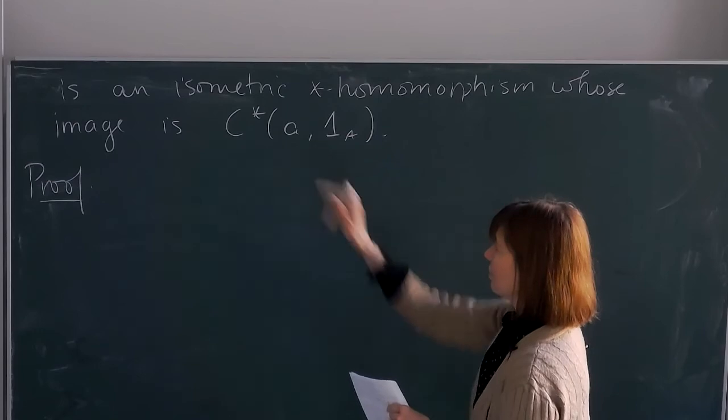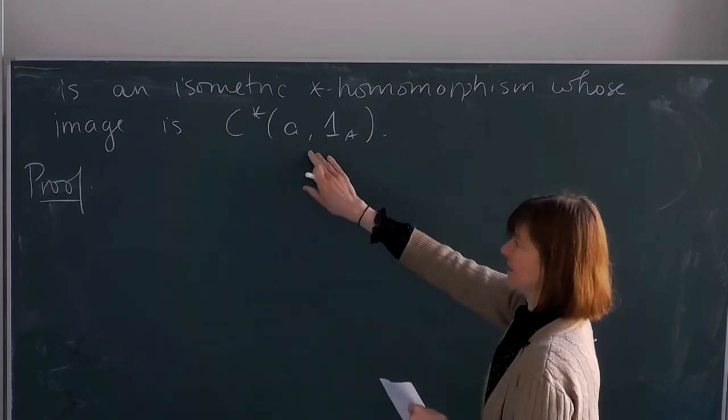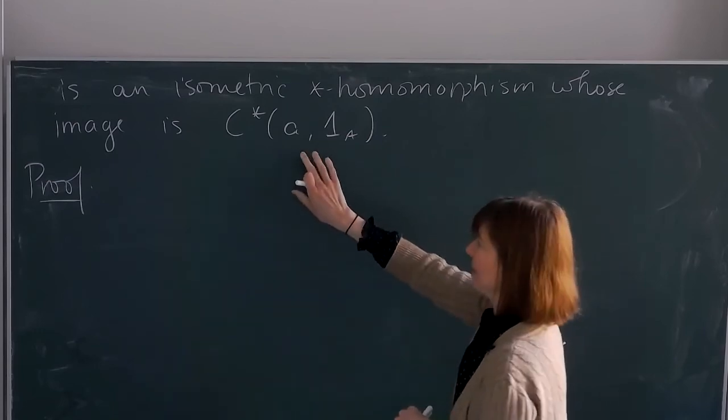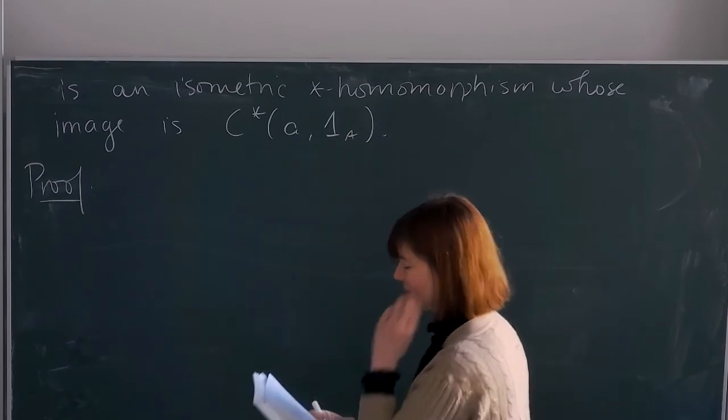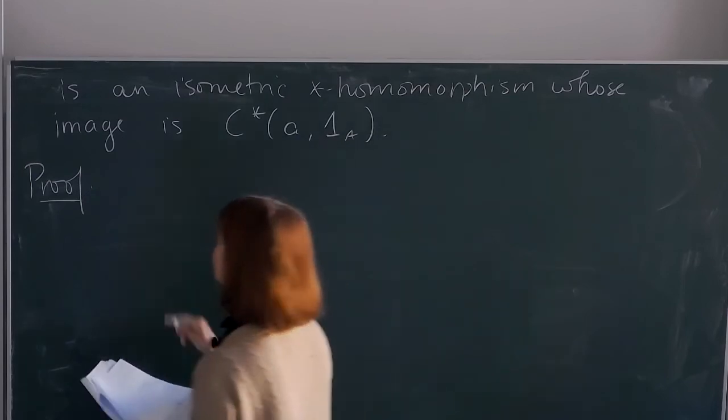Okay, A is normal. So that means that the C-star algebra generated by A and the unit is actually a commutative C-star algebra.